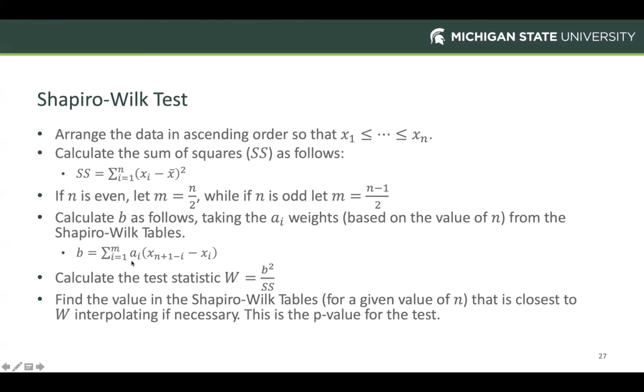And so we're applying greater weight to greater departures from normality in those instances, okay? And so we sum this across each of those pairs of observations within our sample. And our W statistic is just going to be this quantity B squared divided by our sum of squares, okay?